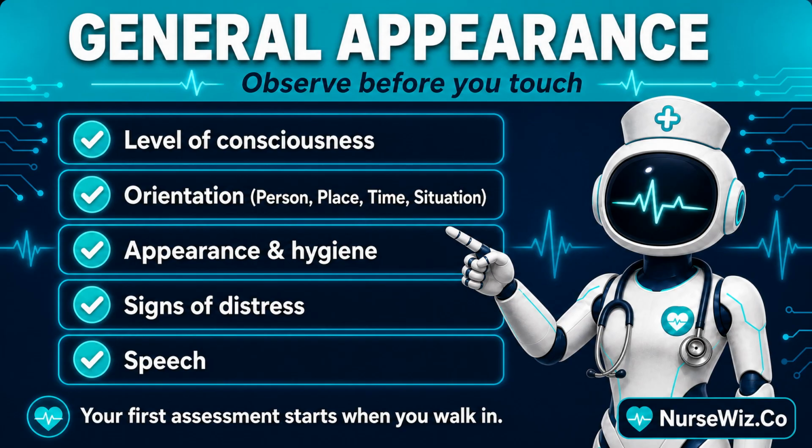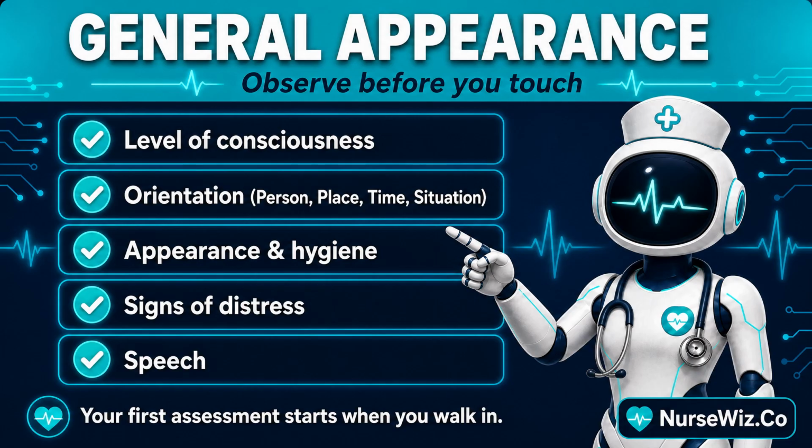Appearance and hygiene. You're looking at grooming, clothing, and whether the patient can care for themselves. It tells you about their function at home, not just their diagnosis. Distress. Look at posture, facial expression, and how they're holding their body.